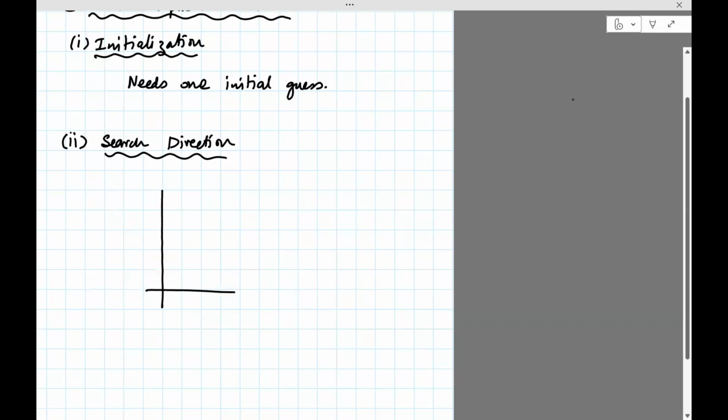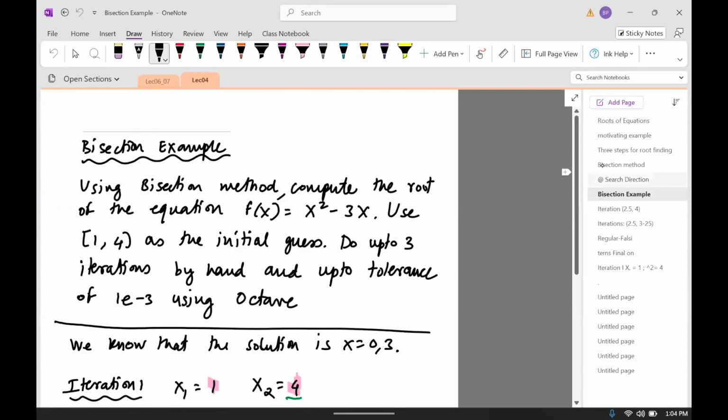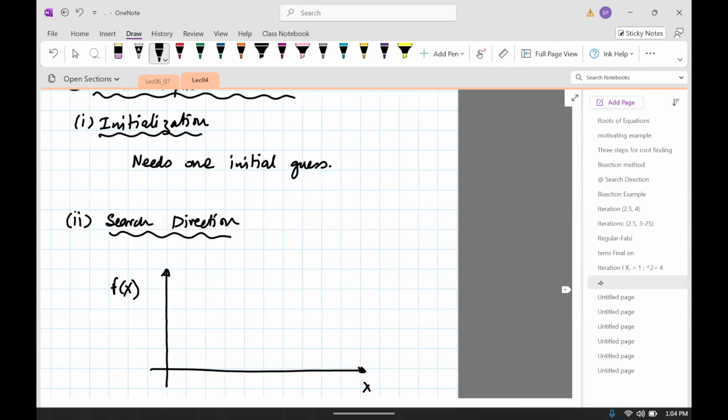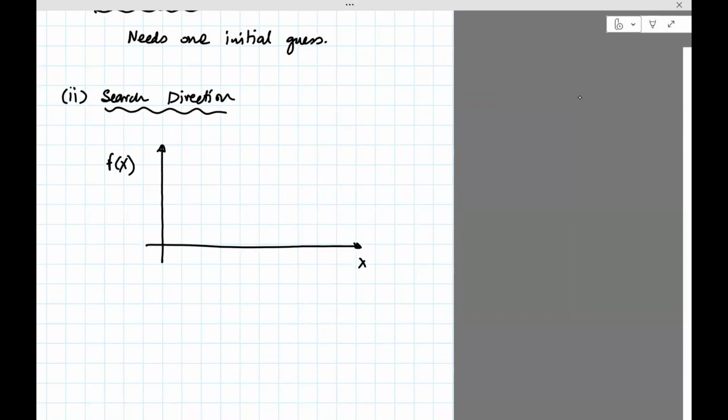So here is, let's say, a graph of f of x, and let me choose the same function. So we chose a function which looks like this. Okay.